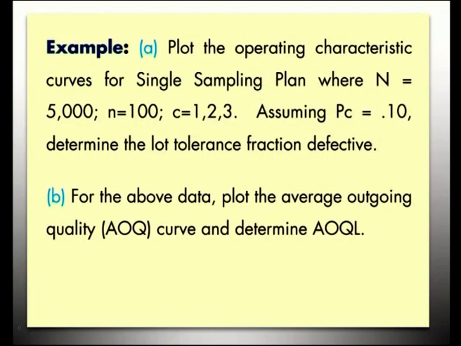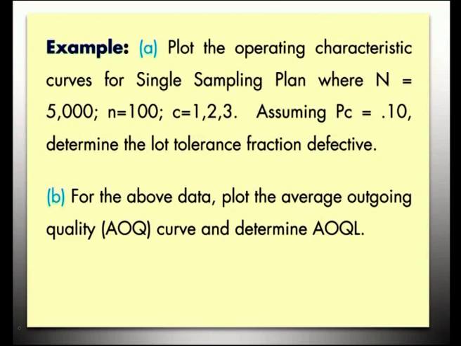Similar example: plot the operating characteristic curve for a single sampling plan where capital N is 5000, small n is 100, the sample size, and C is 1, 2, 3. Assuming PC equal to 0.10, determine the LTPD, the lot tolerance proportion defective or fraction defective.